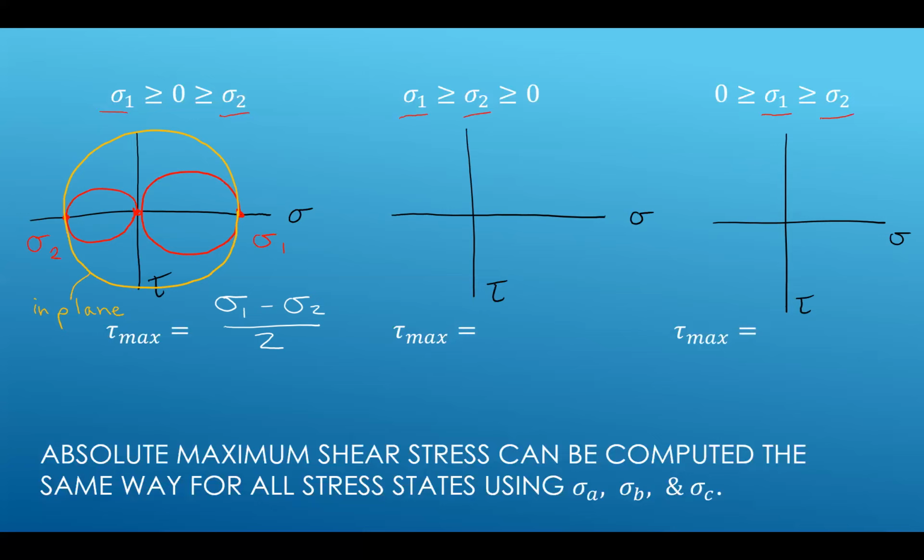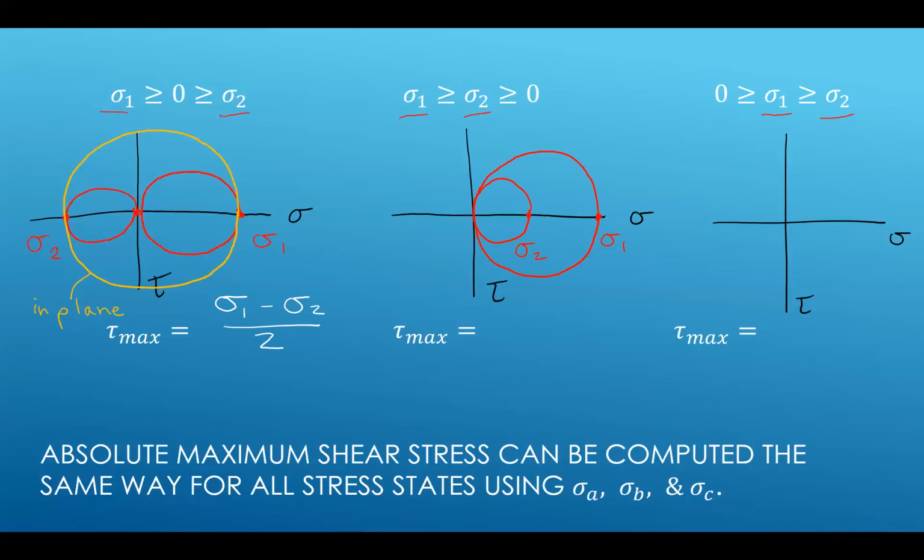So now if we look at the case of sigma 1 and sigma 2 both being greater than 0, that means, say, sigma 2 might be located here, sigma 1 might be located here. Now each of those will create a circle that passes through 0 when we do our out of plane rotation.